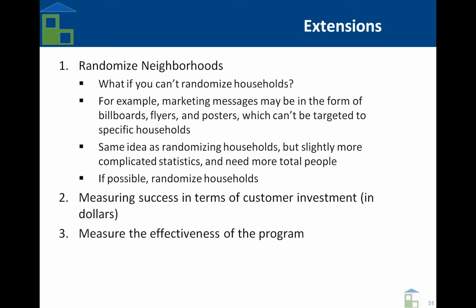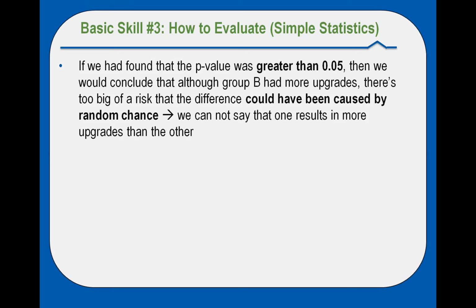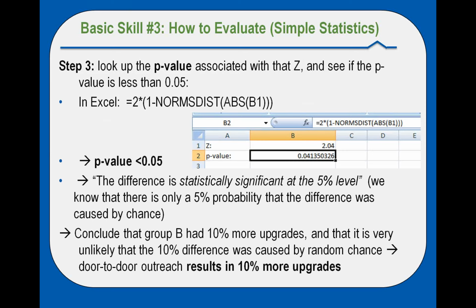So there were a couple of questions about the numbers. Why 500 total? Why did I suggest you should have 250 households in each group? If we go back to the statistics slide, the reason that I chose that number is just because if you have 250 households in each group, then you can detect a difference between group A and group B that's around 5%.